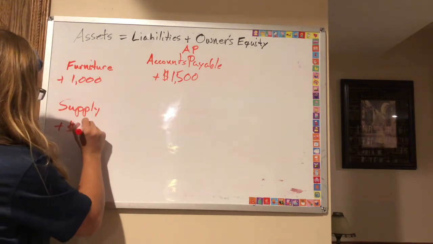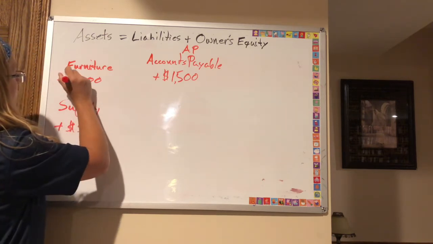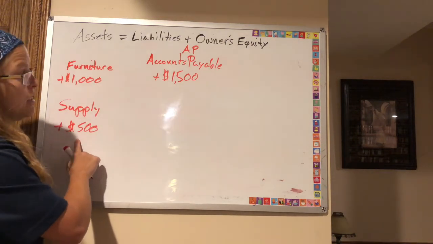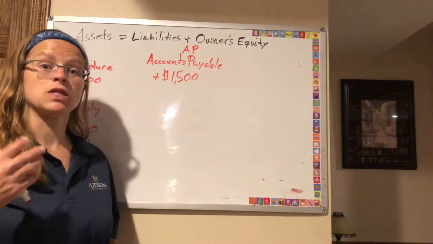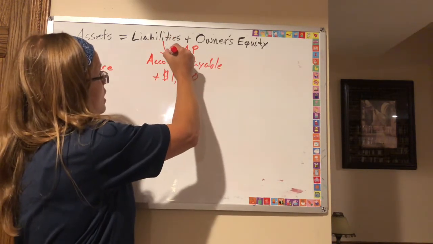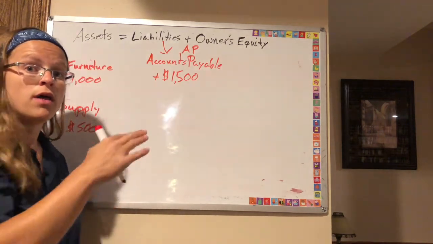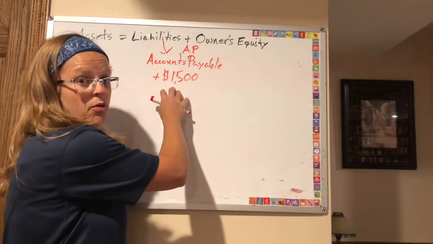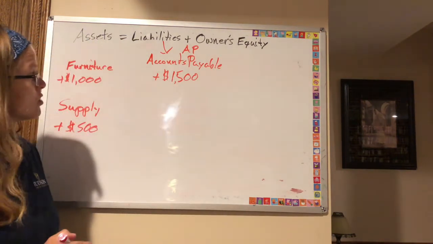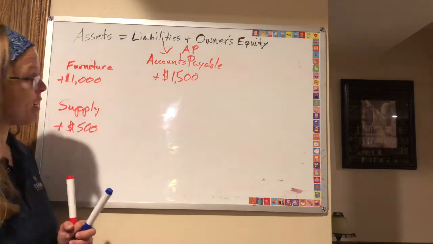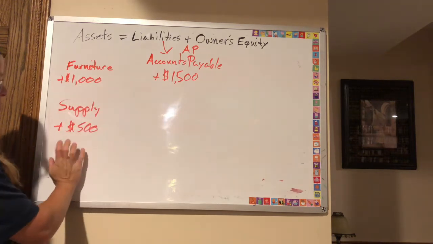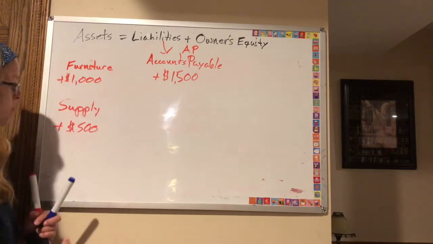They were purchased on account. Cash was not paid, so we owe money. So it's a liability, because we owe that organization $1,500. Accounts payable is a liability. Our furniture account increases by $1,000, and our supply account increases by $500.